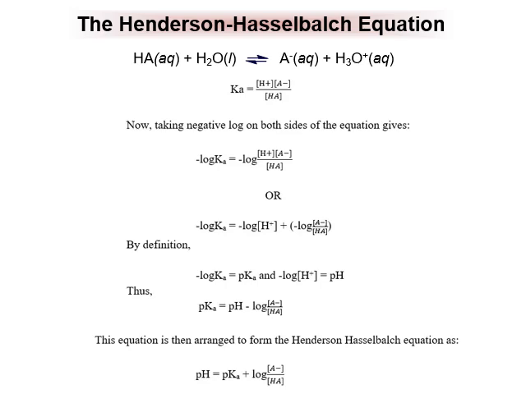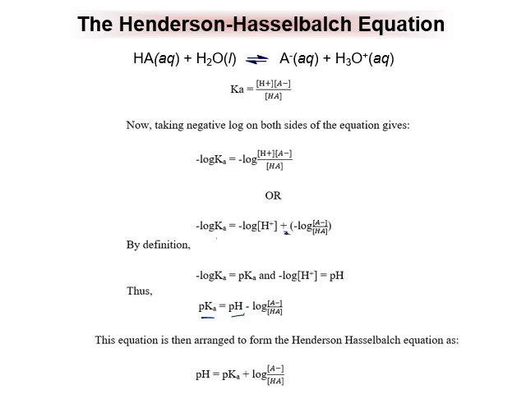Remember, when you have two numbers multiplied and you take the log of it, it becomes plus in log. What is negative log of Ka? Negative log of Ka is pKa. What is negative log of H+? It's pH. So I can replace this with pKa, replace this with pH, and this stays as it is, minus log of A minus over HA.